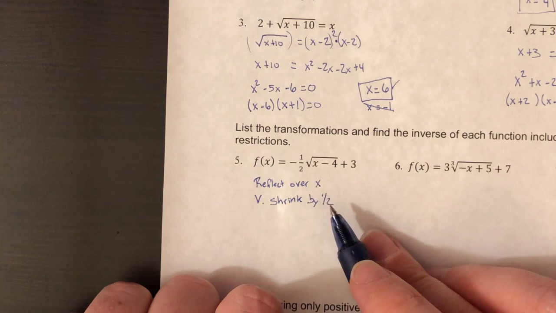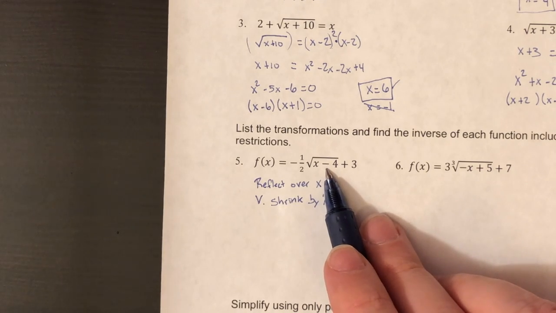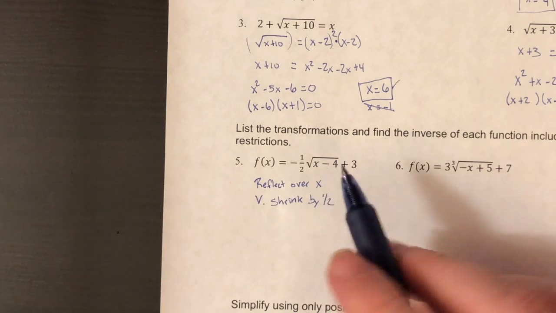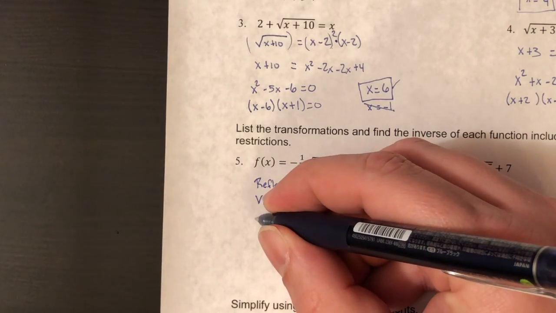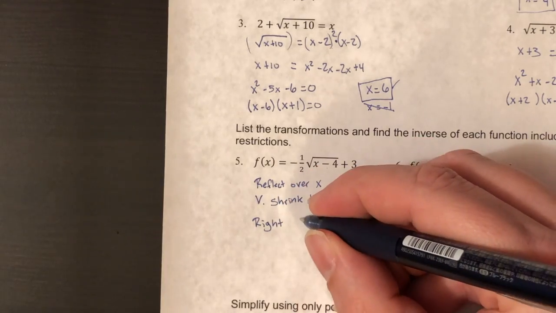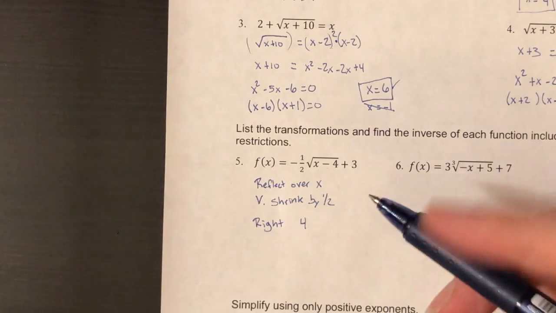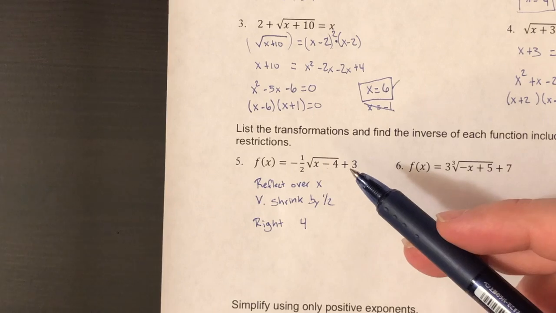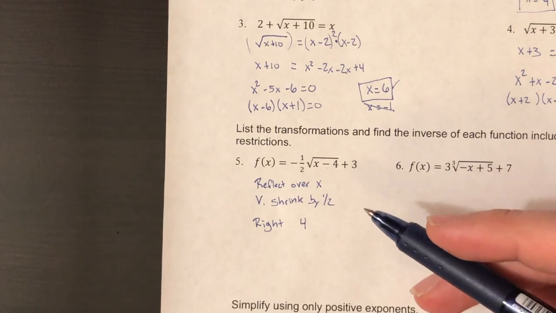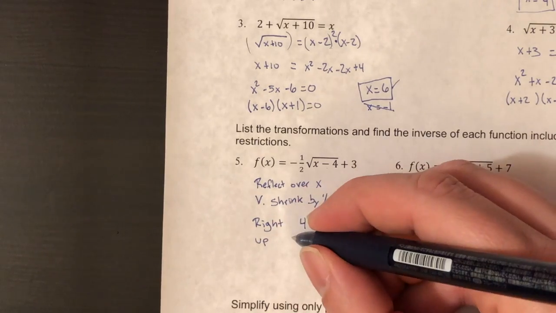So that's why this is a vertical shrink. On the inside, I have this -4, which everything inside does the opposite. So this is actually moving right 4. And this +3 is back on the outside, so that's a vertical change again, and that one goes up 3.